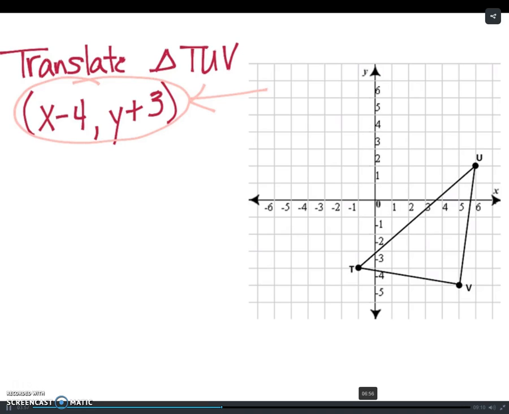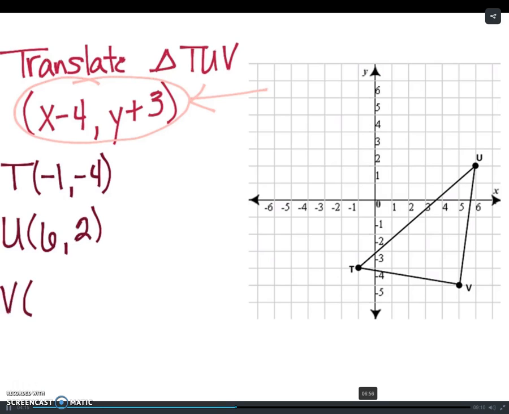So first, you want to go ahead and make a list of your original points or coordinates. So we have T, which is at (-1, -4). U, which is at (6, 2). And V, which is at (5, -5).